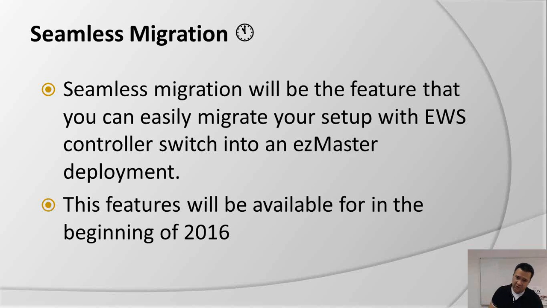It's very interesting because up to now we have our Neutron solution, and we are currently launching our ezMaster, and especially for people who already have their Neutron solution running, we have this seamless migration.